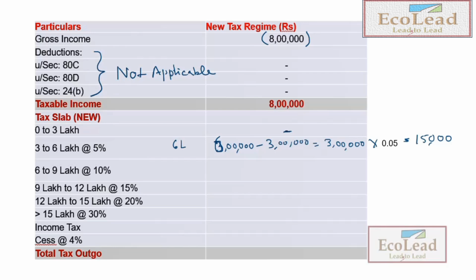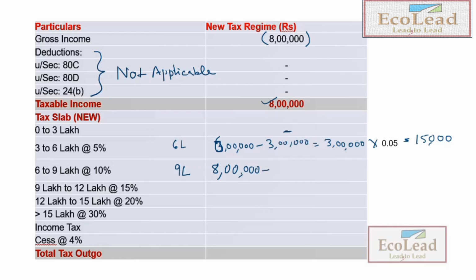Now the next slab is 6 to 9 lakh, where the tax rate is 10%. But what is the taxable income here? Taxable income is only up to 8 lakh. So we need not deduct from the 9 lakh, but we will deduct from the amount of income, that is 8 lakh.